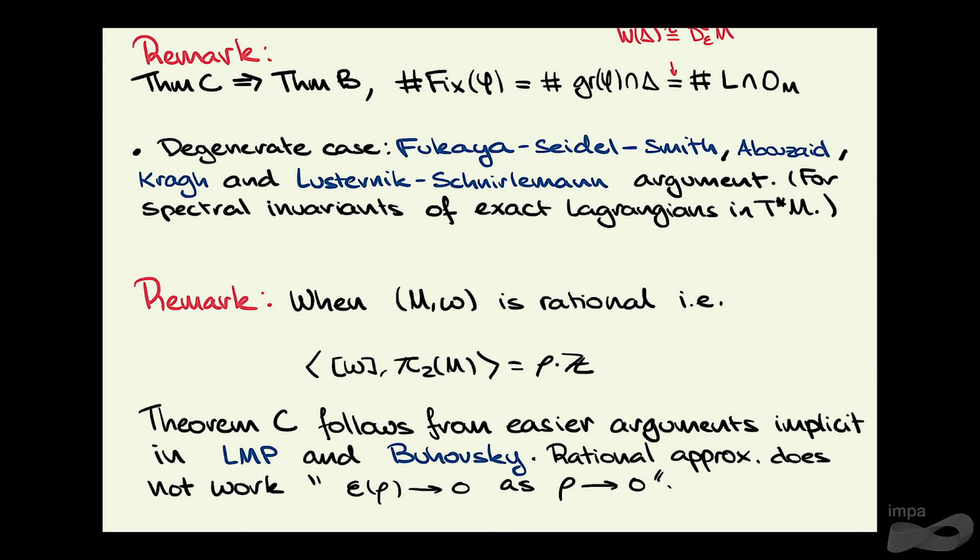However, in those cases, rational approximation doesn't work, because the epsilon that you obtain for each rationality constant tends to 0 as the rationality constant tends to 0, which is exactly what happens in the irrational case. So you cannot simply argue by rationality.